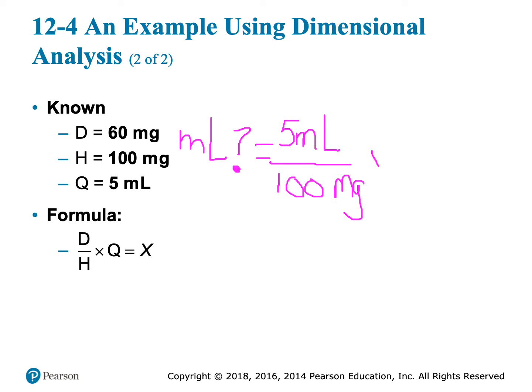All right, and then we're going to multiply that by the dosage placed over the number 1. All right, the dosage is the D, right? This is the dosage right here. So that is 60 milligrams.